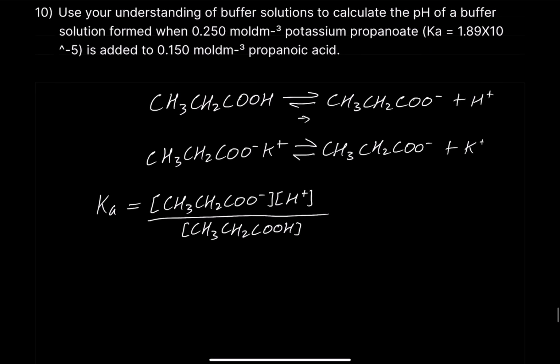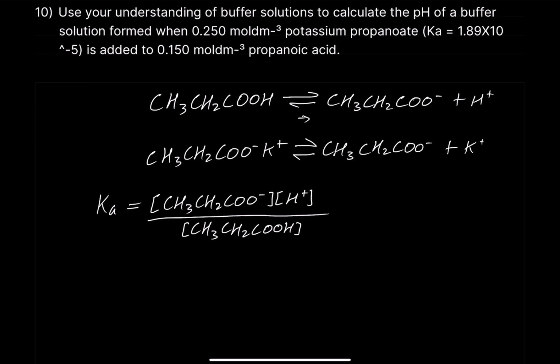Great. Now I can clearly see they've given us all the information that we need. Again, I haven't done these questions in a long time, so bear with me. I would have just gone straight to rearranging the Ka, because I don't need to write all of this. But if you're clueless right now, this is how I go through it.